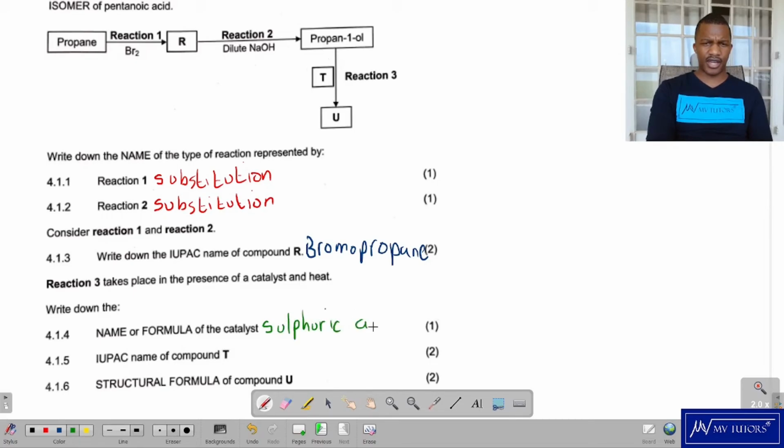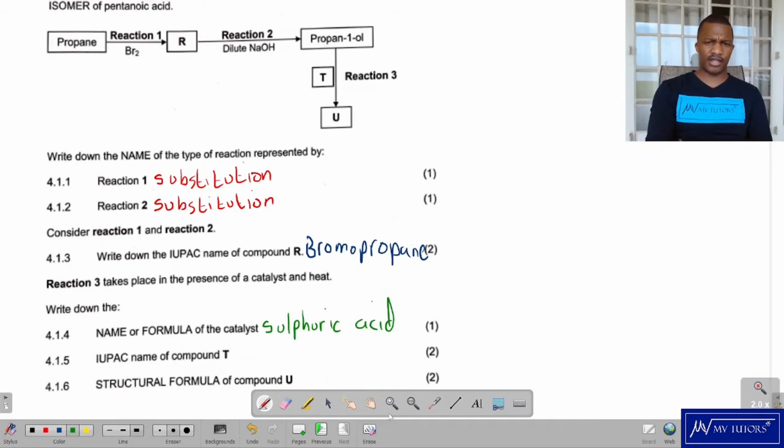Sulfuric acid. Okay, that's a catalyst. It's not involved in the reaction itself. It doesn't change anything. Okay, but now when it says IUPAC name of compound T, now it is involved in the reaction.